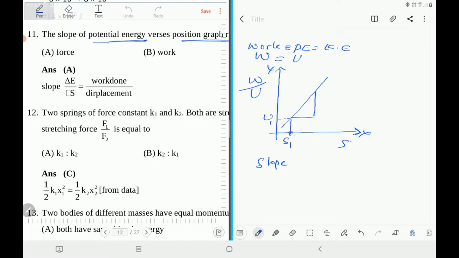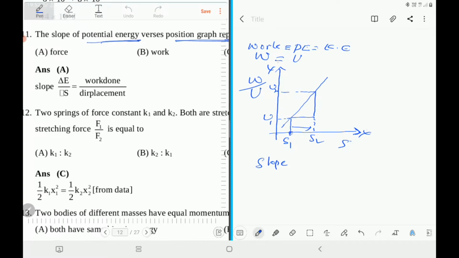If we increase displacement from S1 to S2, then the corresponding work done is some U2. This is how we analyze the graph. When displacement changes from S1 to S2, corresponding work energy changes from U1 to U2.